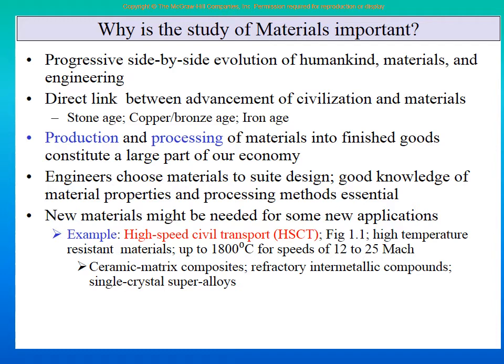Now every product, as I said, you take the simple example of a table. I have taken that example earlier. If you want to make the table from wood cut from a tree, then your calculations of stress and strain and so on will be there, but then the strength of the wood will be different. So how thick should the table be, what should be the height, what should be the length will change.